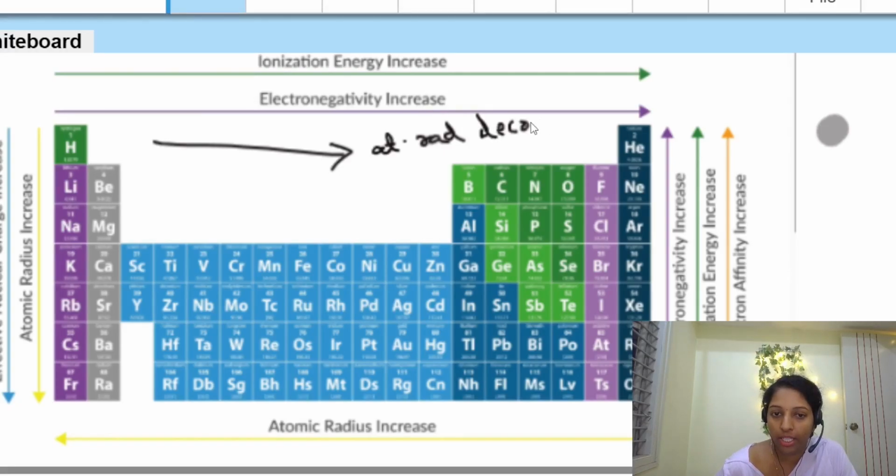Others means electronegativity and ionization energy mainly. Electronegativity and ionization energy increase. And the same thing, top to bottom, atomic radius increases, the others decrease. Ionization energy and electronegativity decrease. That kind of knowledge is needed.